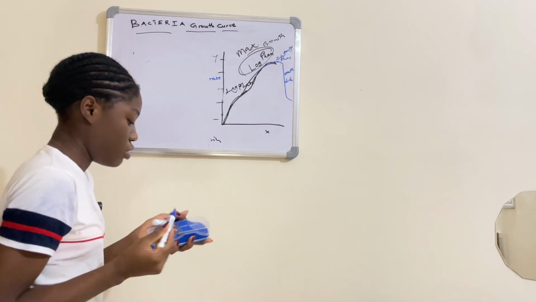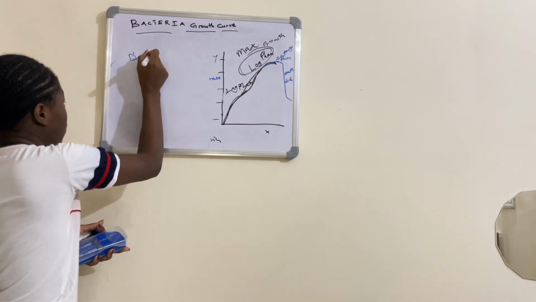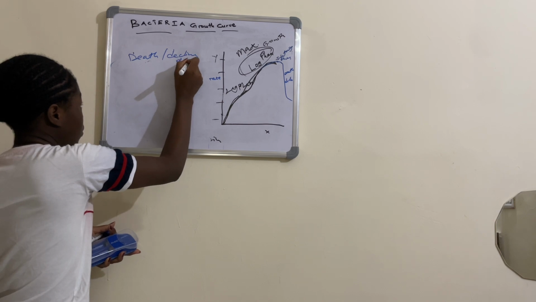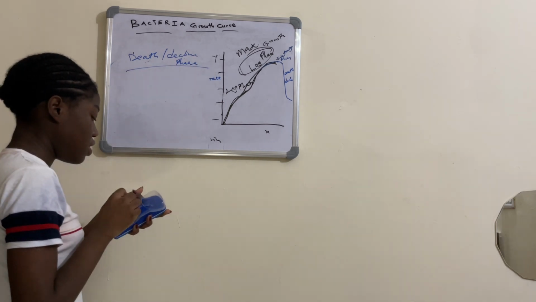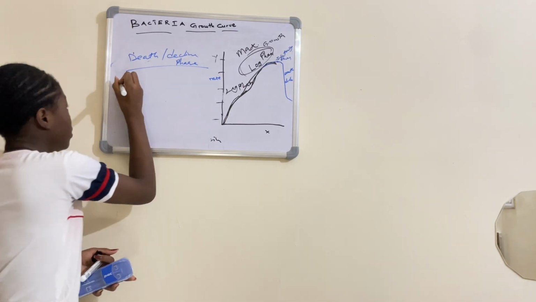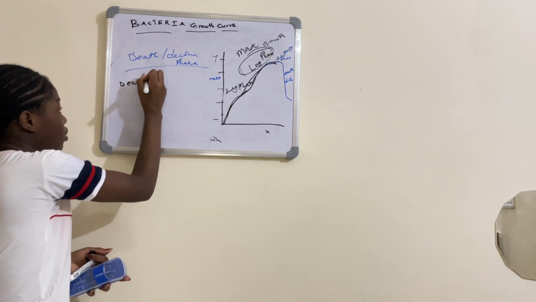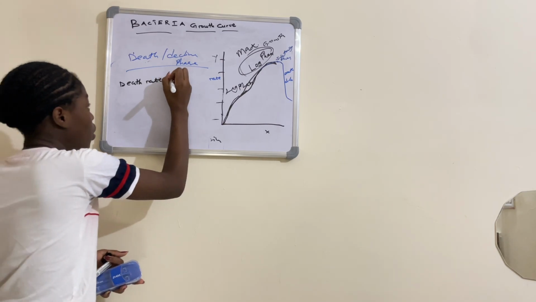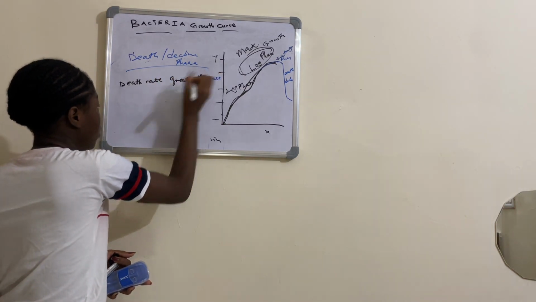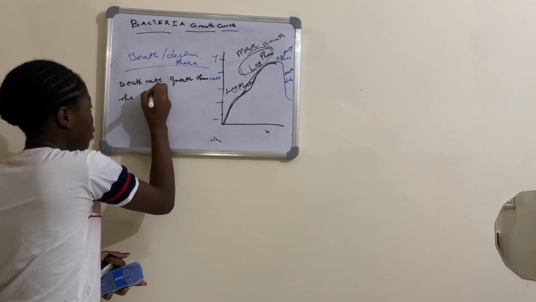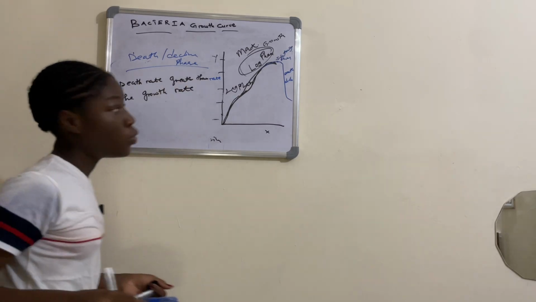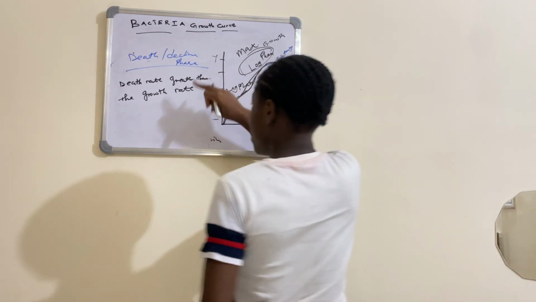In this phase, this is what you need to remember: the death rate is greater than the growth rate.